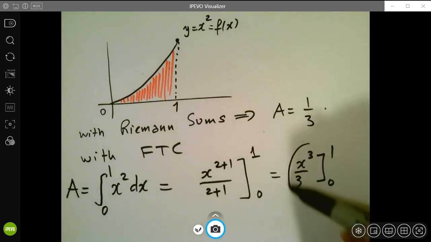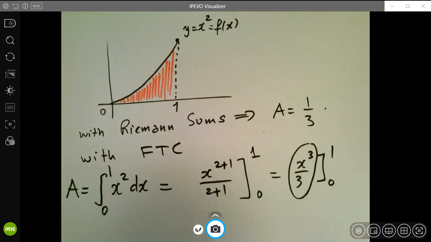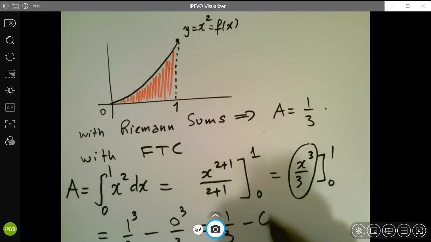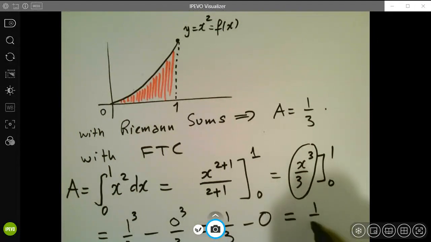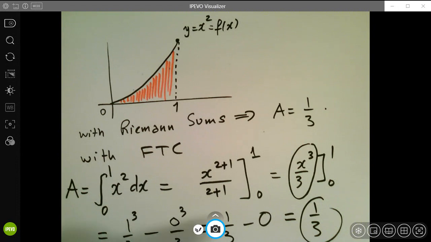So an antiderivative of this function is this one. Now you just plug in: 1 cubed over 3 minus 0 cubed over 3 is 1/3 minus 0. So that's exactly 1/3. This one is a very neat shortcut.